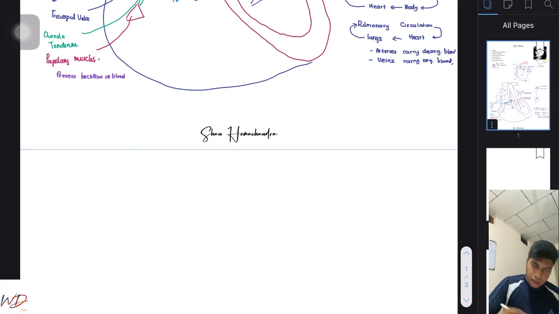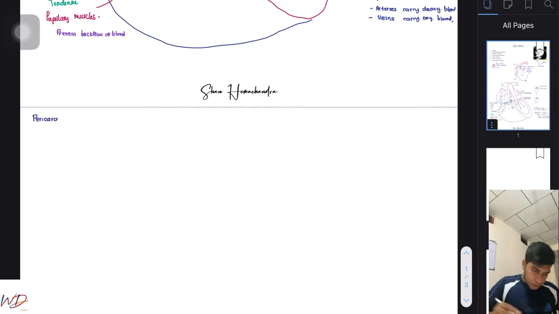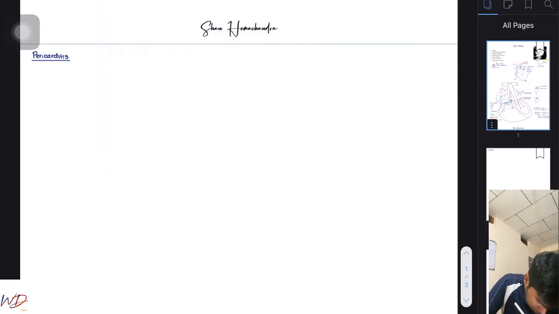To do that, I want to take a case. This is called pericarditis. So, we are going to discuss a small case, a disease called pericarditis. Now, the heart wall is going to be like this. What I'm drawing is the heart wall.